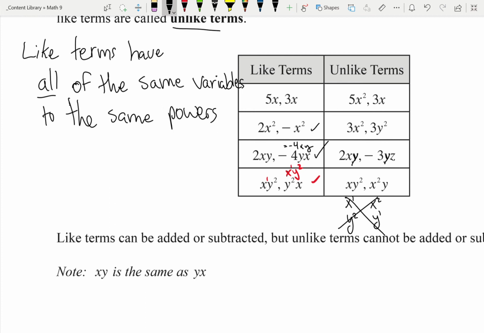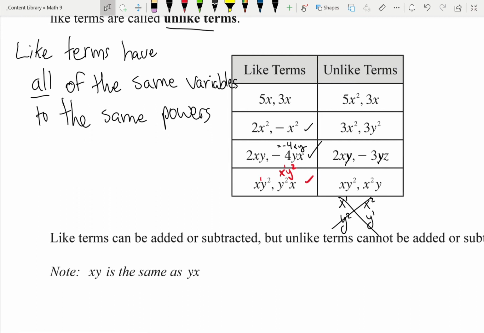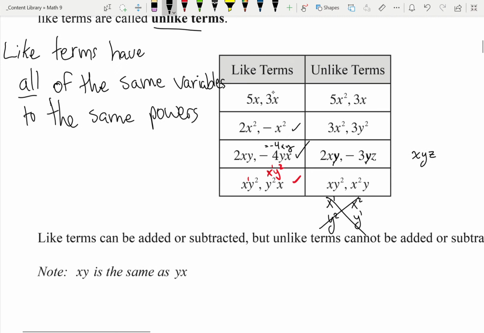Similarly, another example, xyz and xy are unlike terms. They have to have the exact same variables. This one has no z. So even though the x and the y are the same, because it's missing the z, I cannot include it.